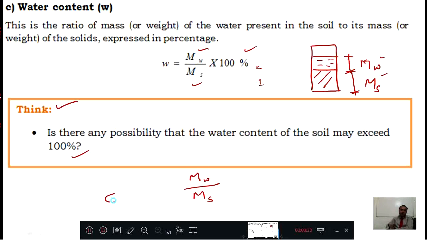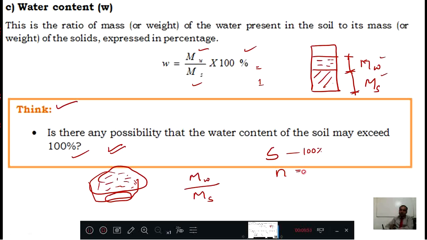A small quantity of soil and you put a large quantity of water in it, then you will get a soil only, that is mud. But if you measure the water content of this mud, you will definitely have more than 100% water content.